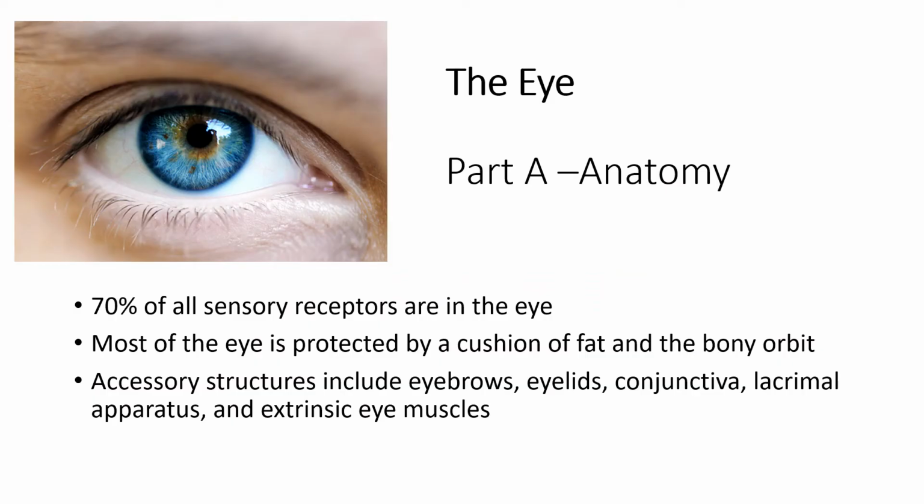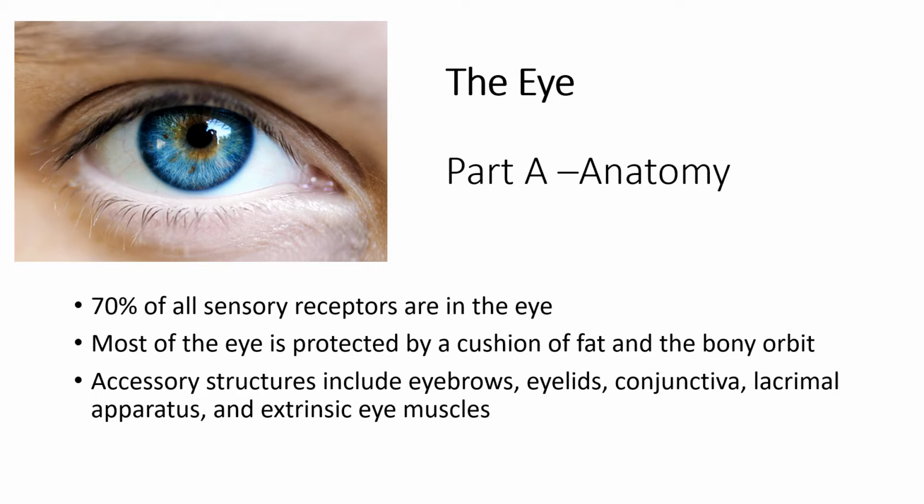So you have general sensory receptors distributed throughout your body. You have special sensory receptors that are found within special sense organs within the head. You might be surprised to learn that 70% of all sensory receptors are found in the eye. And relatively speaking, the eye is a fairly small structure.